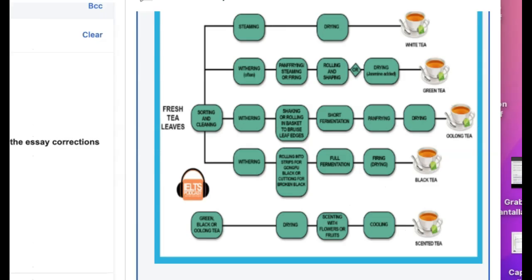So just to give you some more value, I believed I'd have a look at the chart because, as you could have probably imagined, it was quite a straightforward correction I was offering. So just to improve your score, what could we have done? Well, we could have identified which has the longest process, which would be oolong tea, and which has the shortest process, probably white tea.